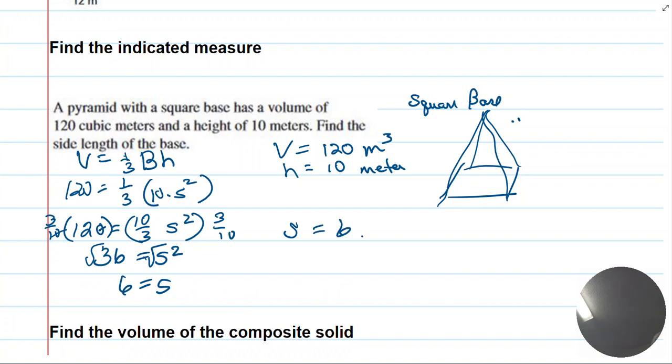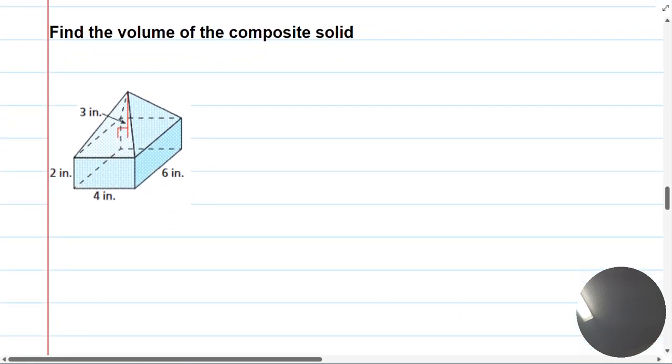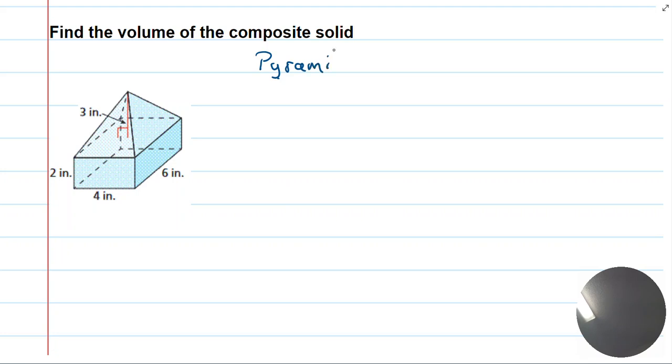All right. So here we have a volume of a composite that has the pyramid with it. So in this case, we want the pyramid volume plus the rectangular solid volume.